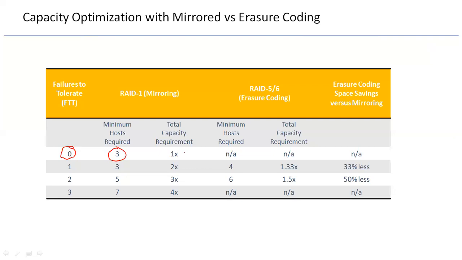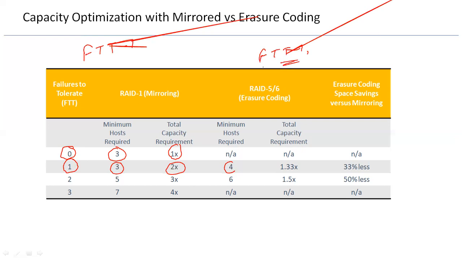FTT 0 means the data will be stored in one place only, so we are not getting any redundancy. But when we are saying FTT1, failure to tolerate 1, the minimum required is 3 hosts, and the total capacity we require is double the amount.